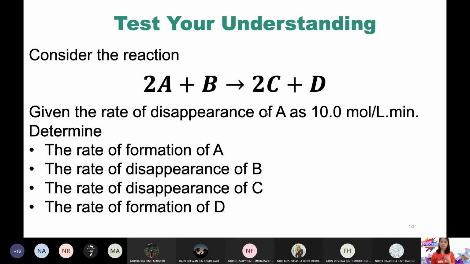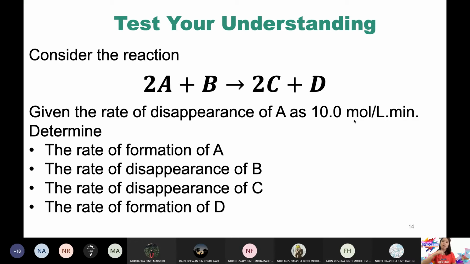Okay, let's say dia beri kita rate of disappearance of A is 10 mole per liter minute. Dia beritahu kita kadar kehilangan A minus RA is 10 mole per liter minute. Apa maksud ni? Maksud ni untuk setiap 1 minit, kadar kehilangan A itu adalah sebanyak 10 mole per liter. Kepekatan tu 10 mole per liter tu akan hilang untuk setiap 1 minit.